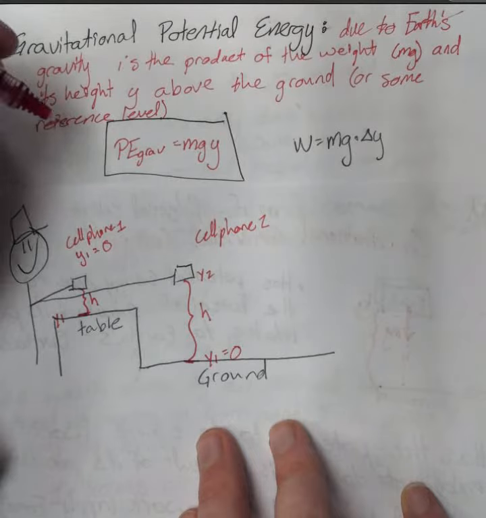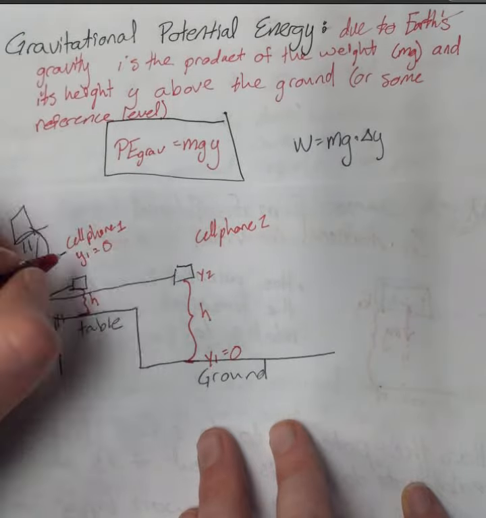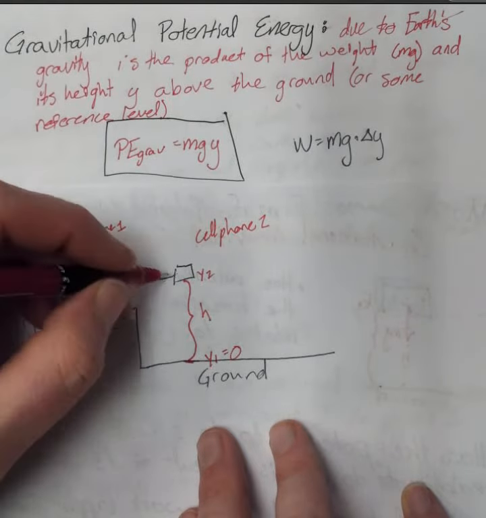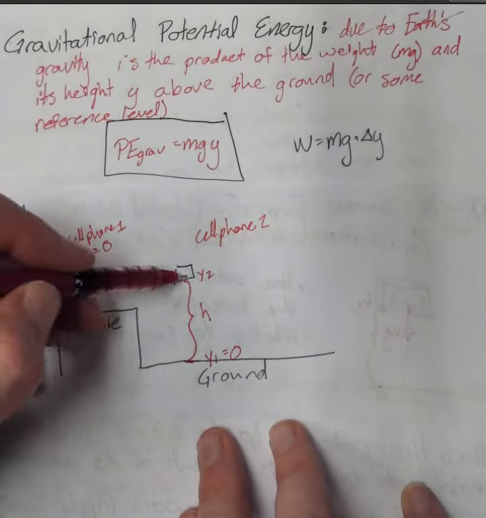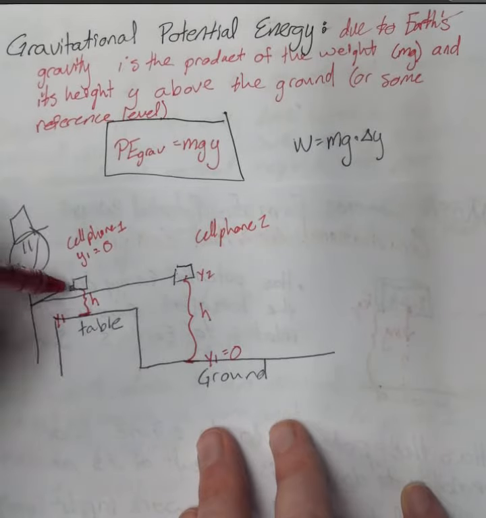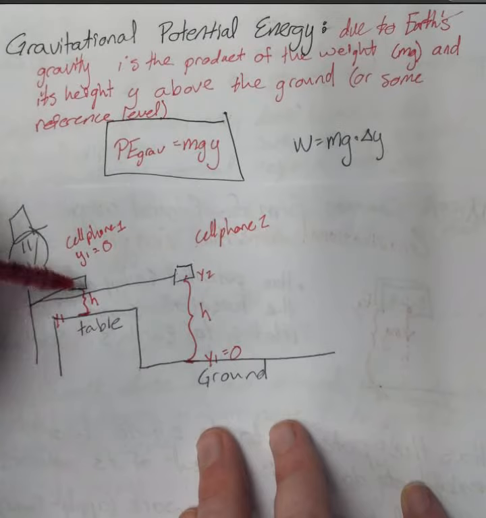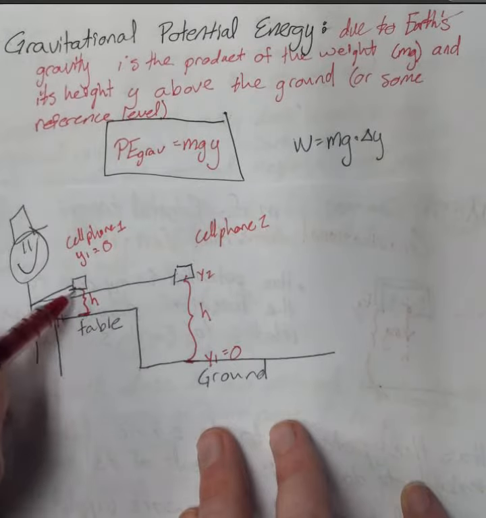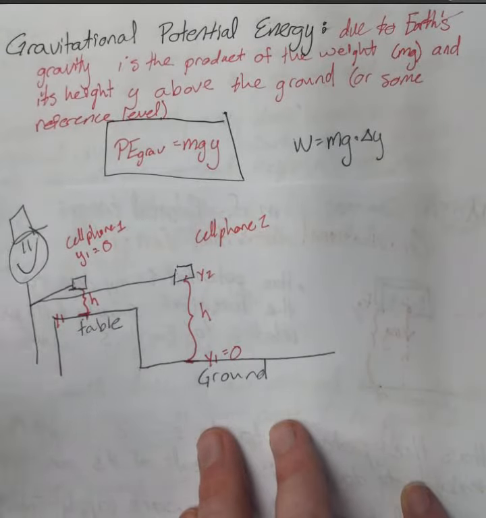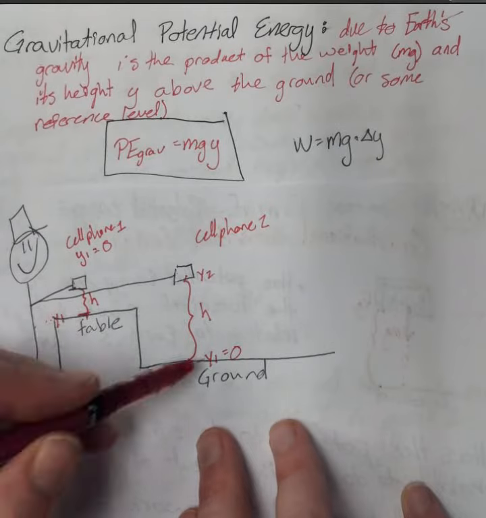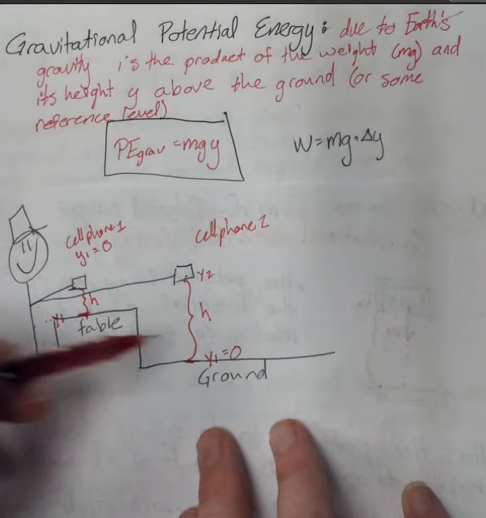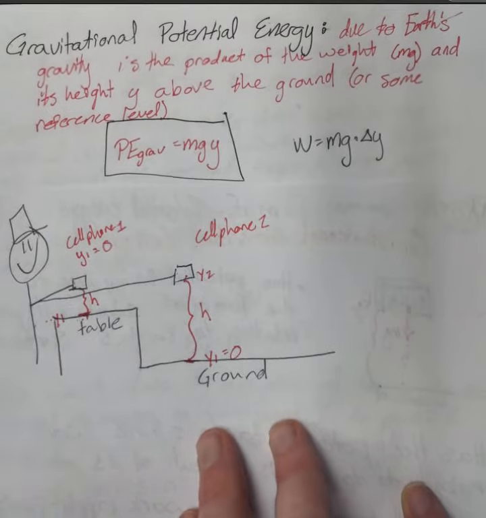And now this cell phone and this cell phone, even though they're at the same height, we would say that this cell phone has more potential energy than this cell phone, and that's because of our reference level. If I want to know the potential energy it has compared to where it's going to stop, then this is a really convenient thing to do. Then you're only looking at the differences in height compared to that reference level.